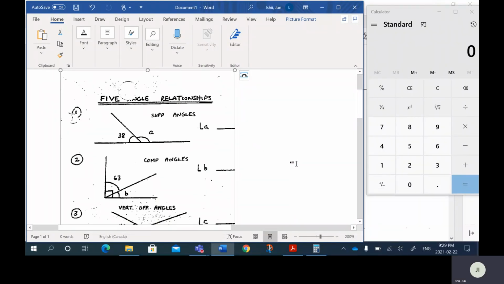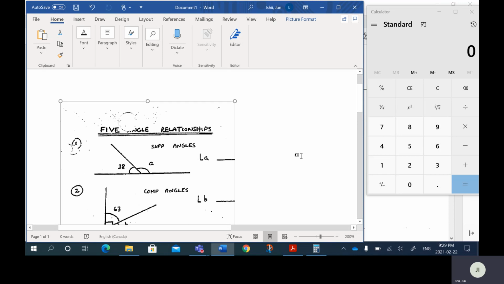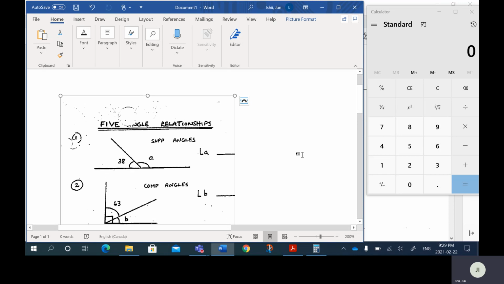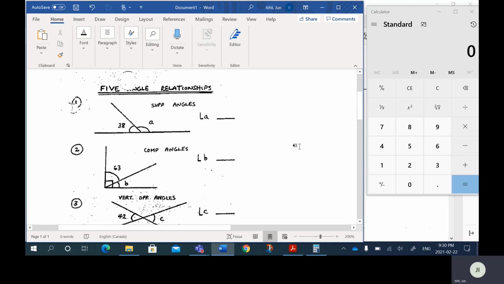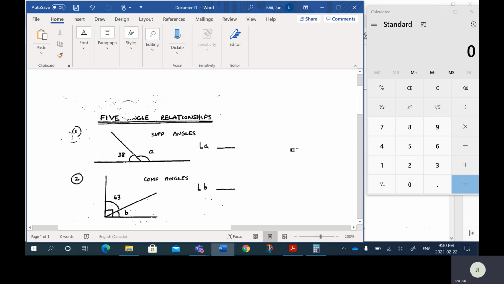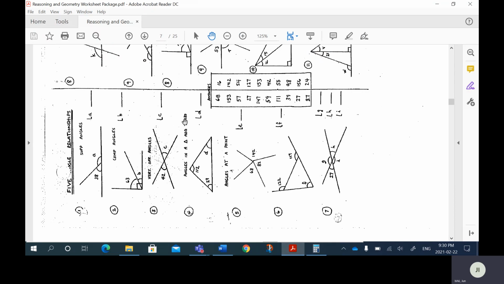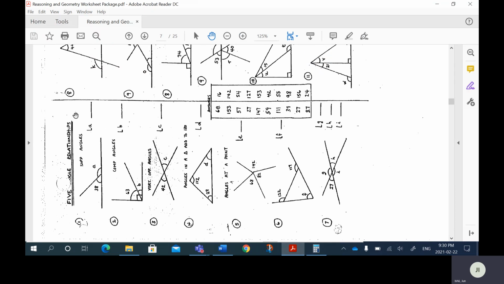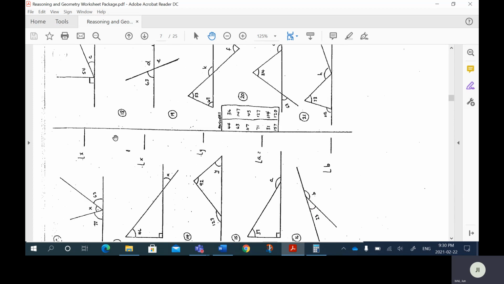All right, so the next lesson is on the basic angle properties for geometry. So hopefully this serves as a review. Now, what I did here on this Word document is I cut and paste from your worksheet package. Let me just scroll to the top.